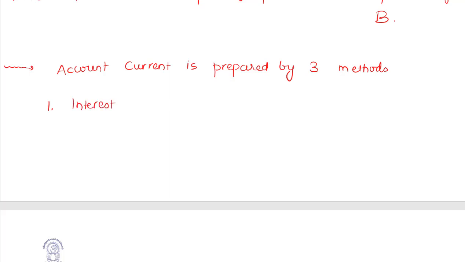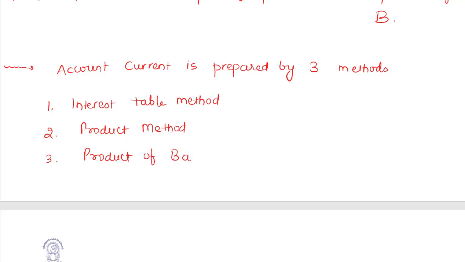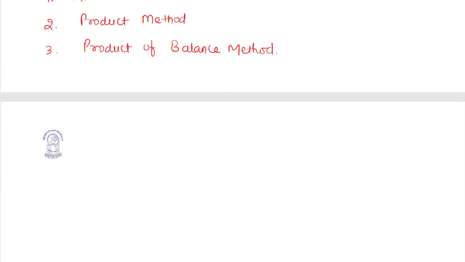First is interest table method. Second is product method. And third is product of balance method.